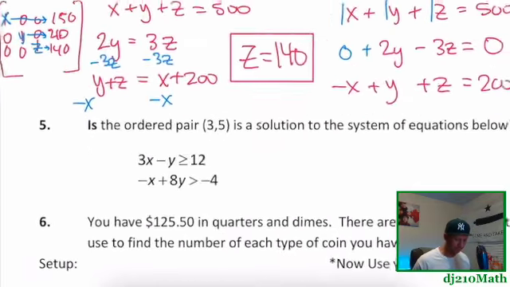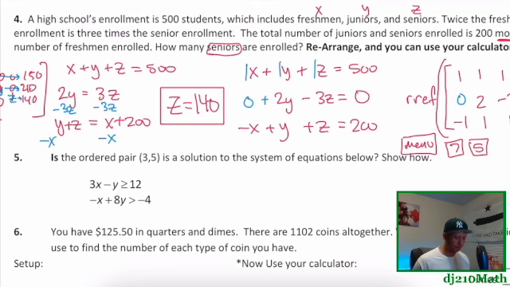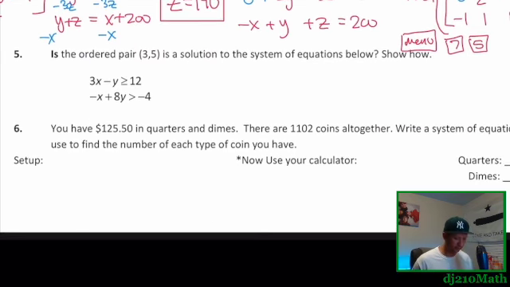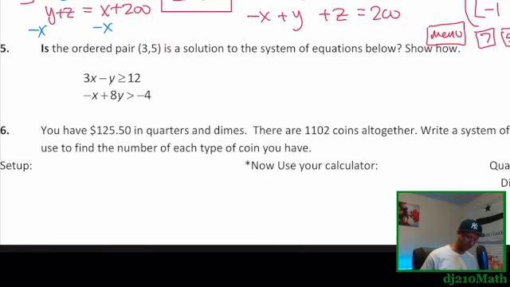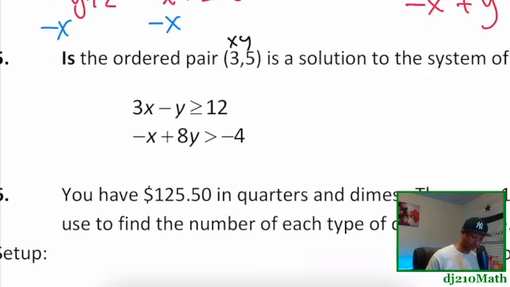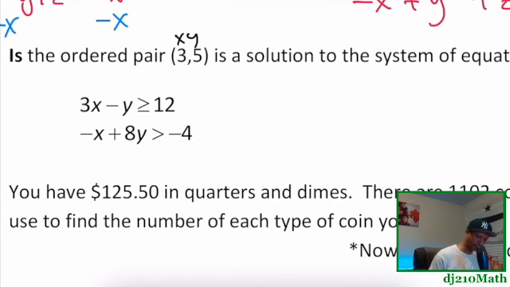Okay, number 5. Is the ordered pair 3, 5 a solution to the system below? Show how. All right, so 3, 5. This is your X and this is your Y. So what we're going to do is plug in X and Y and see if the statement is true.